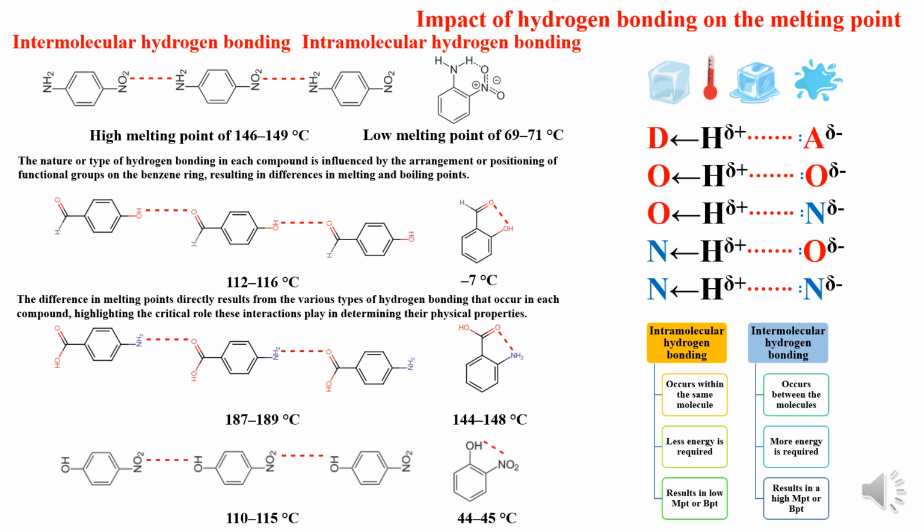So when you compare and contrast these four examples, you'll find that the functional groups that are in close proximity tend to undergo intramolecular hydrogen bonding, as you have seen in case of ortho-nitroaniline, ortho-hydroxybenzaldehyde, ortho-aminobenzoic acid, and ortho-nitrophenol.